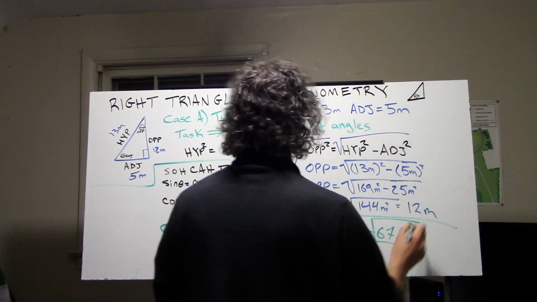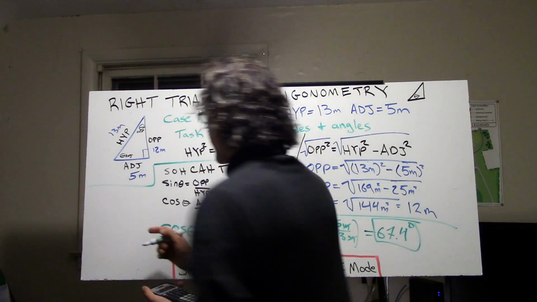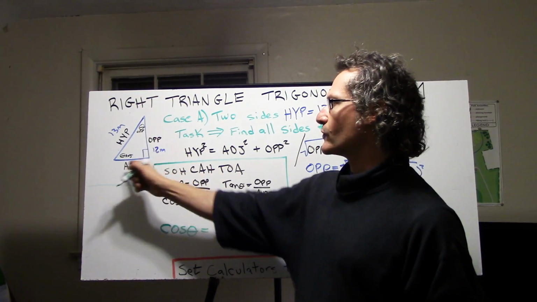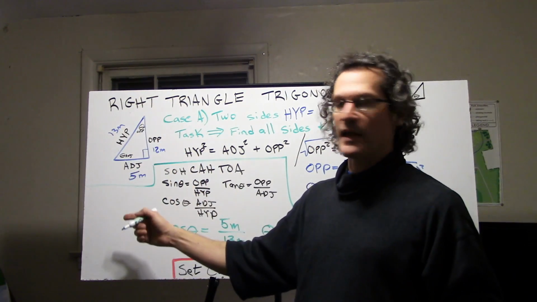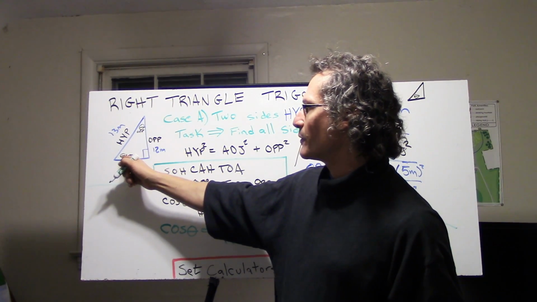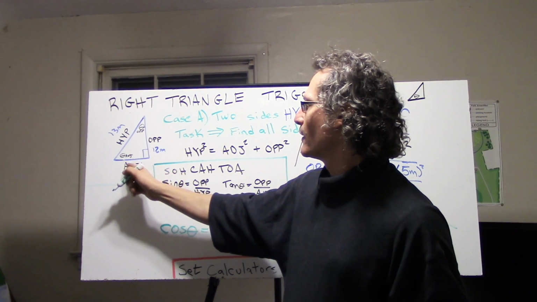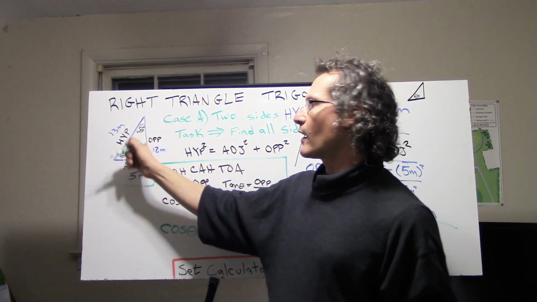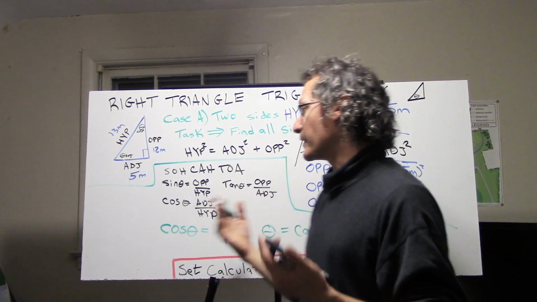All right, good. Well, we would expect that if these angles all add up to 180, and this one is always 90, then the sum of the opposite angle and this adjacent angle over here is going to be 90.